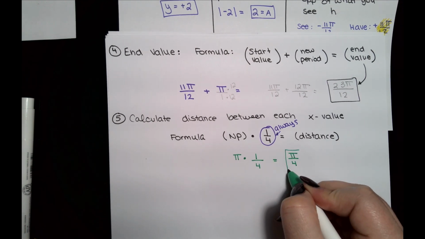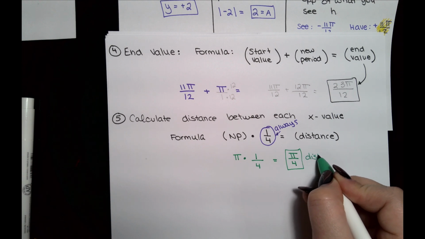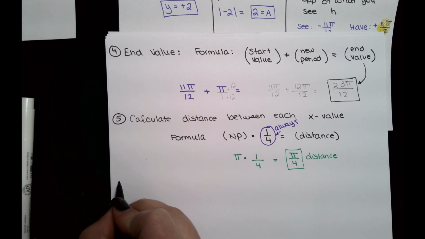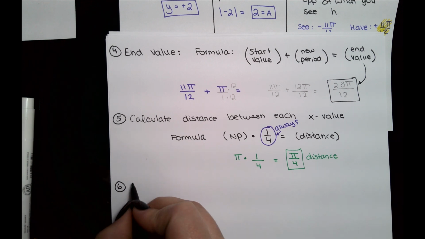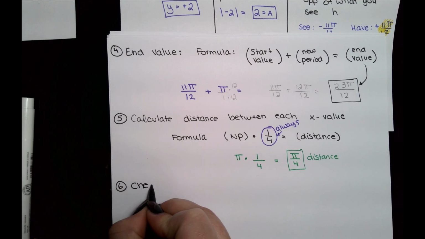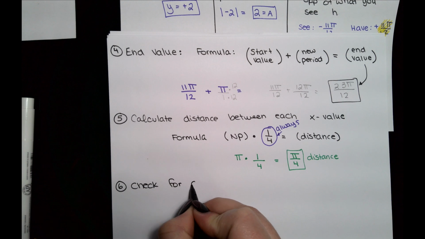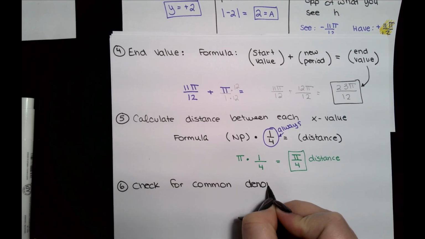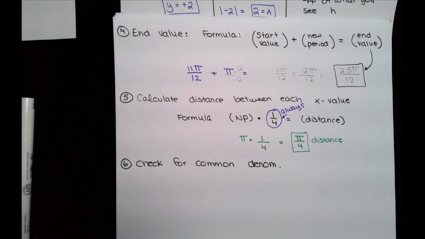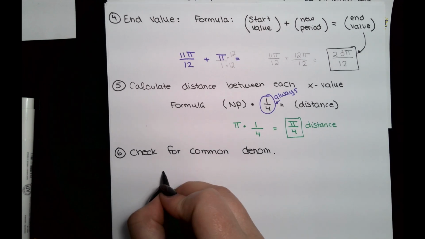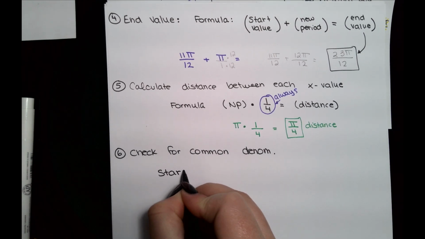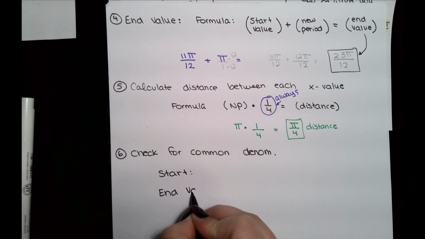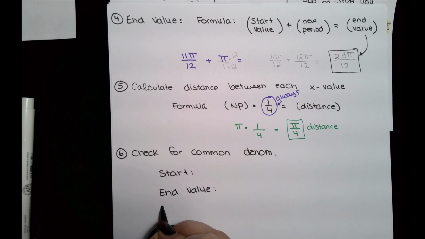And then we have one more step, is we want to make sure that everything is in common denominators. And the three values that we want to check for common denominators, and that's going to be your start value, your end value, and your distance.